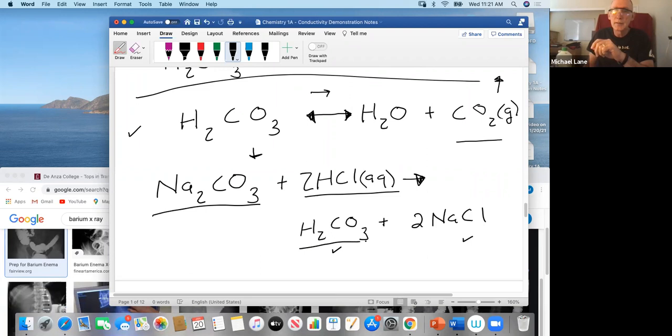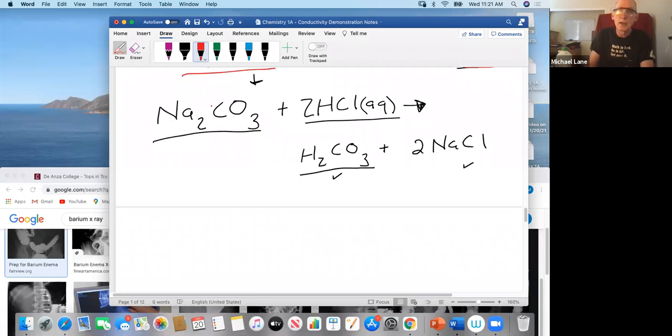So this material forms immediately, and then this reaction right here forms immediately after that. So your observation of bubbles is the formation of carbon dioxide, which was in turn formed from the carbonic acid that reacts here.